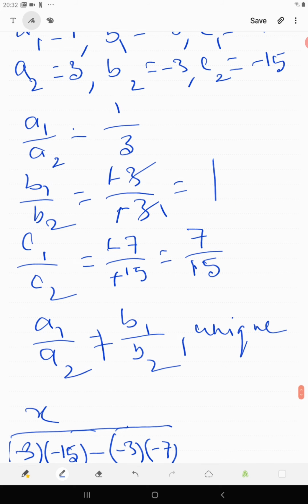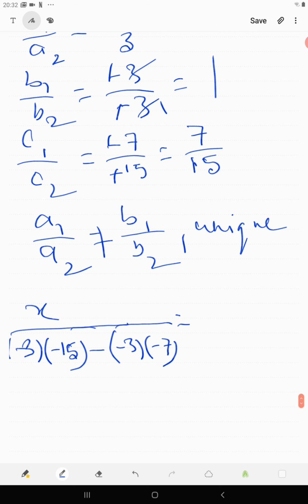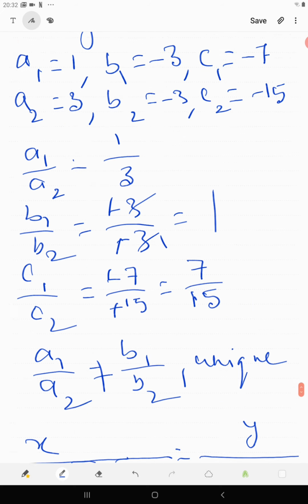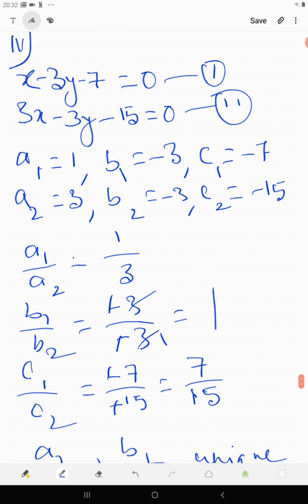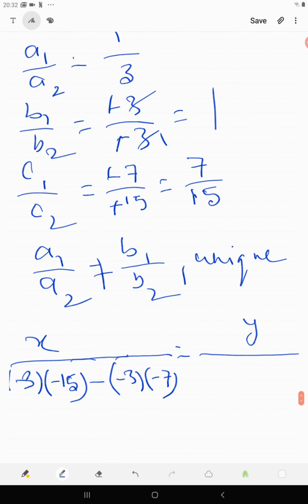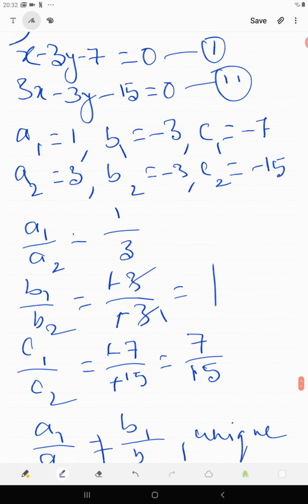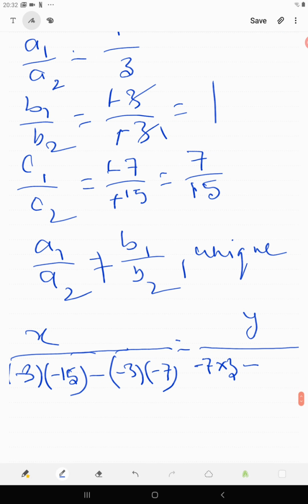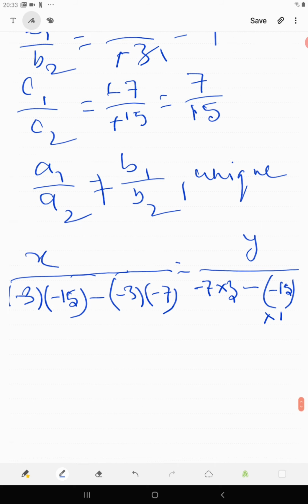Yeah. So next is y by c1 a2. What is c1? c1 is minus 7, a2 is 3. So minus 7 into 3. Then minus again, c1 a2 minus c2 a1. So c2 a1 is minus 15 into 1. So minus of minus 15 into 1. Okay.